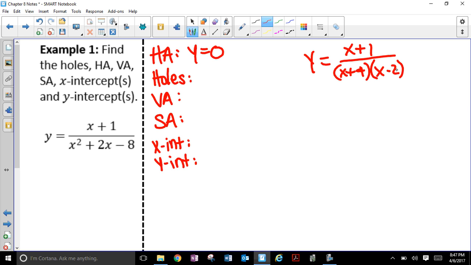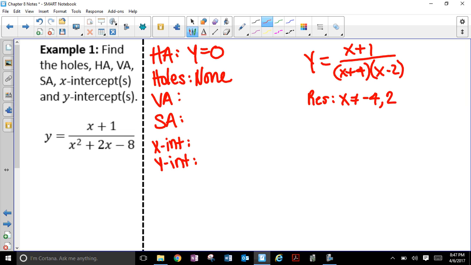Okay, so then for holes, we're looking to see if we can cancel anything. And there's nothing we can cancel. And if we state our restrictions, remember that's where you set the denominator equal to 0, so that'd be x = -4 and x = 2. Neither of those will be holes because we did not cancel anything out. So then for holes, I'm going to write none.